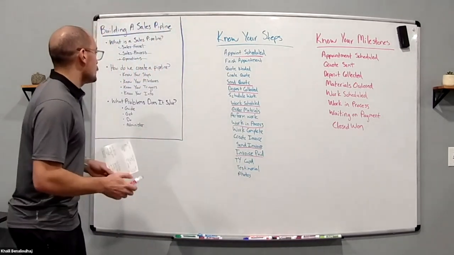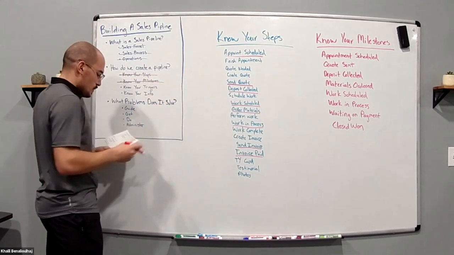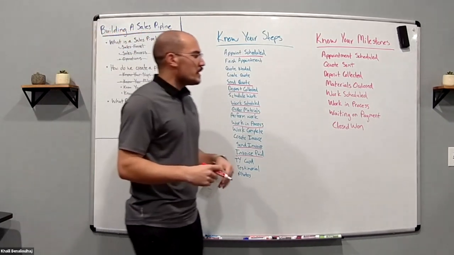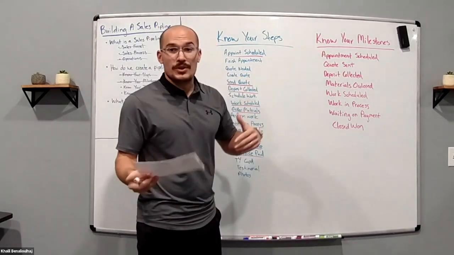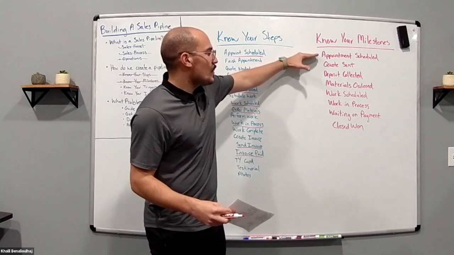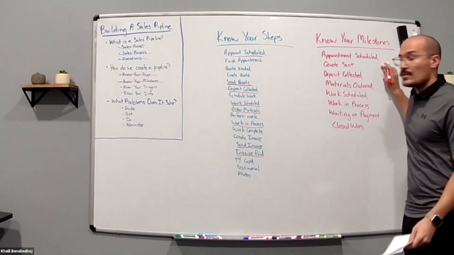Know your triggers. So we've covered the steps, covered the milestones. When we go on to our triggers, we are just looking for what needs to happen, for the salesperson mainly, but what needs to happen in the company whenever these things take place, right? So whenever the appointment is scheduled, what do I need to do, right?